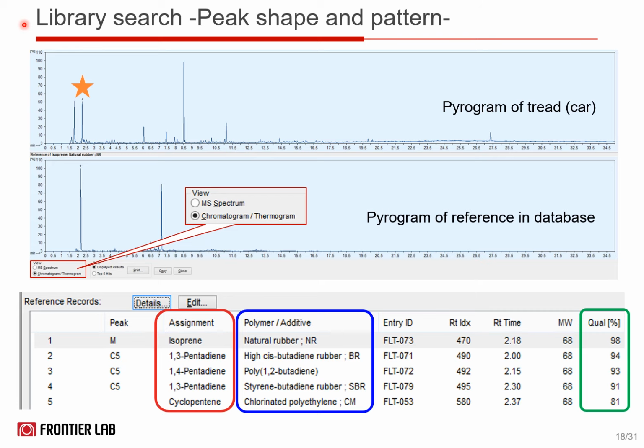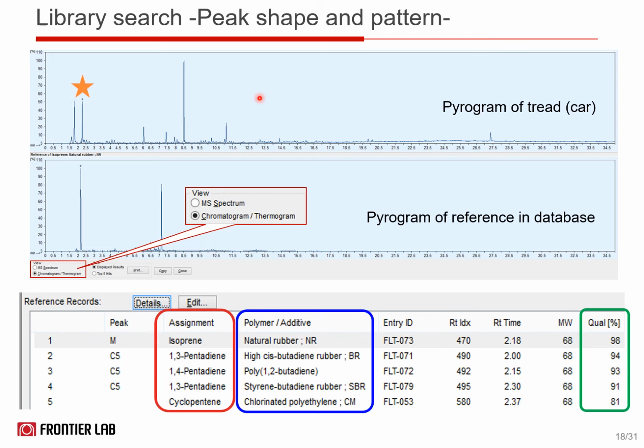F-Search library from Frontier Labs is a mass spectrum search software that identifies polymers and additives based on EGA thermograms and pyrograms obtained using a Py-GCMS system. This slide is the result of searching for the tread A peak observed at 2.3 minutes.